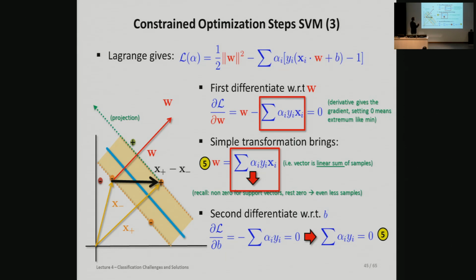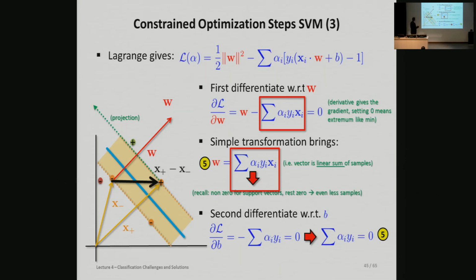That's why we put the mathematical convenience of the power of 2, because it will happily cancel with this 0.5. So we have a w here, and if you multiply that out a little bit, you will see w is just linear, will be removed from the derivative, so we end up with this term, and the other one is not contributing to w, so it will be automatically gone. So this is our first derivative that we set to 0, to give the extreme norm.